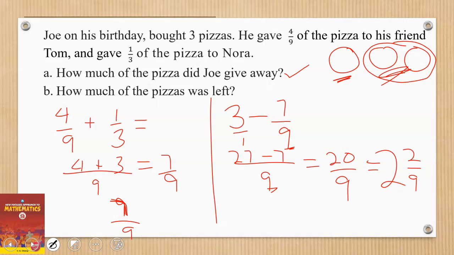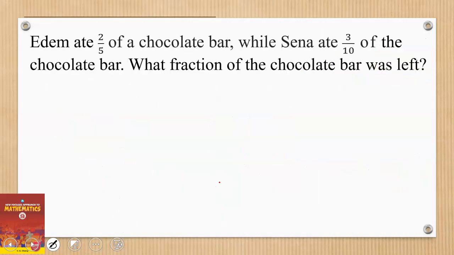All right, let's see another question. Adam ate 2/5 of a chocolate bar, while Senna ate 3/10 of the chocolate bar. What fraction of the chocolate bar was left? Okay, again, if you want to look at the total chocolate eaten by Adam and Senna, you are going to have 2 divided by 5 plus 3 divided by 10.